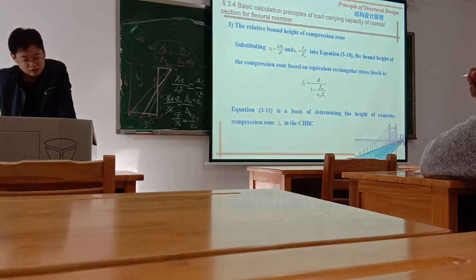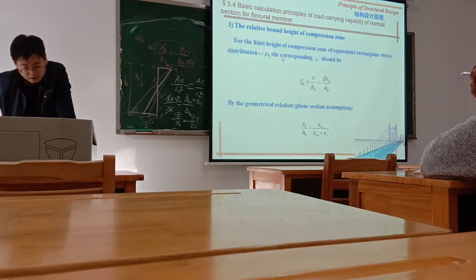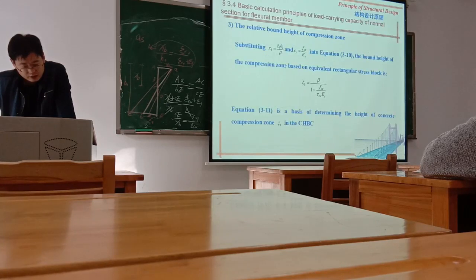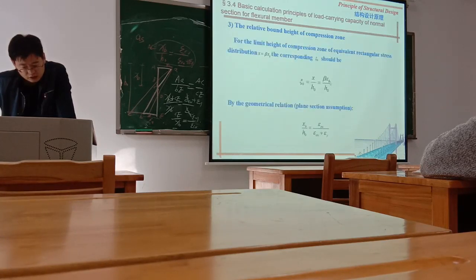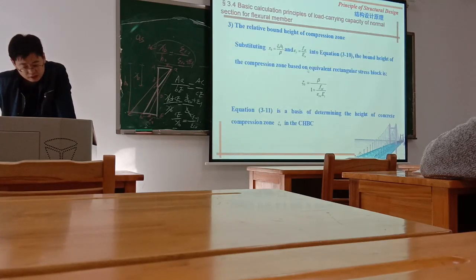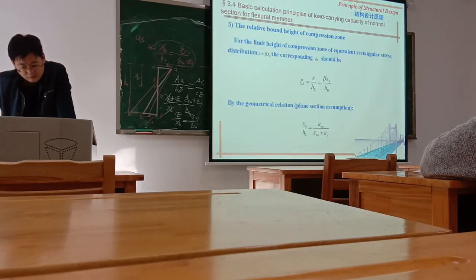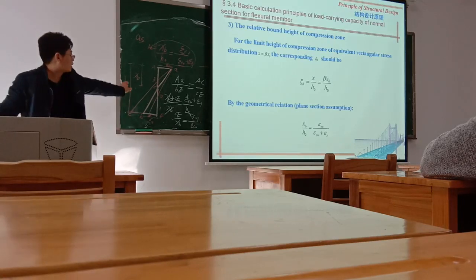So here maybe something is wrong. We find CB equals x divided by h0, equals beta xb divided by h0. So that means this xb actually is not this xb.